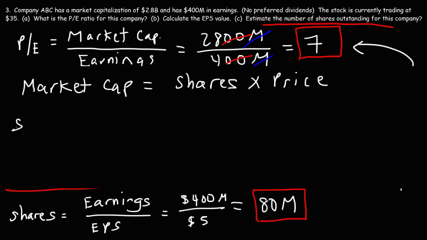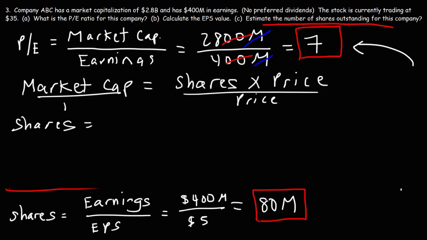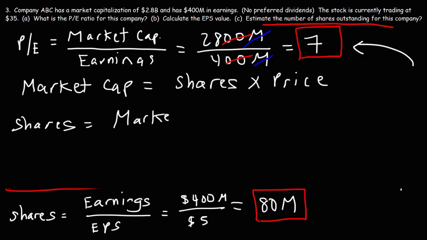So to calculate the shares outstanding, you need to divide both sides by the price, by the way, for those of you who want to see how to get the rearranged formula. The shares outstanding is going to be the market cap divided by the share price or the stock price.